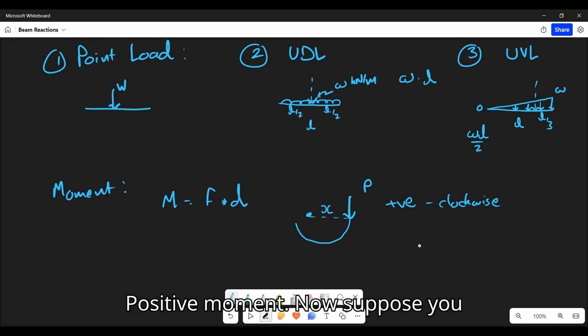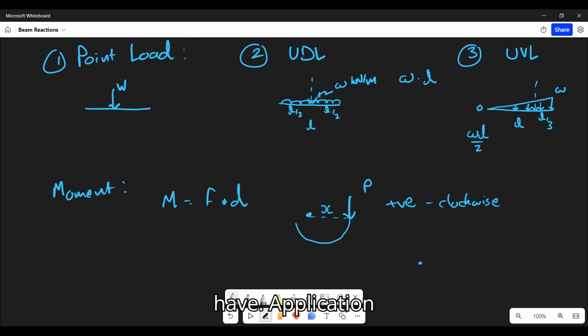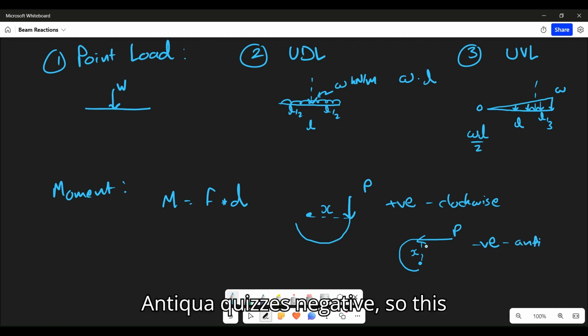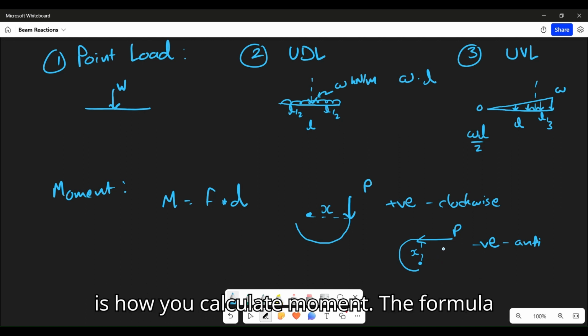Now suppose you have application point here and load is going this way. P into this is X. Now this force is anti-clockwise. Okay, anti-clockwise is negative. So this is how you calculate moment.